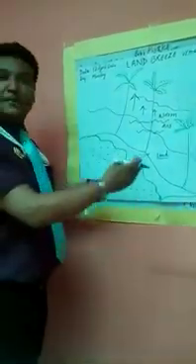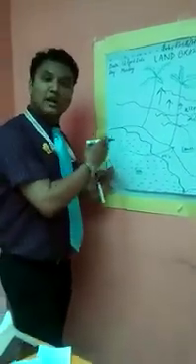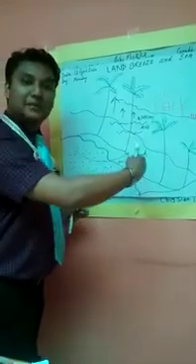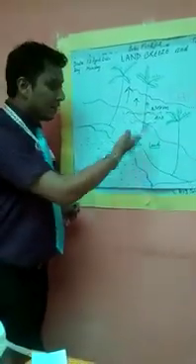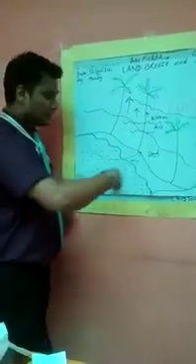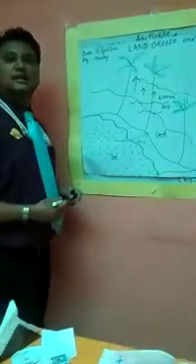So this is what is happening in the sea breeze. In the sea breeze, the cold air moves from sea towards land. And why does it happen? Because the land heats up faster, so the warm air rises up and creates a space. So the cold air moves from sea to land. This is called sea breeze.